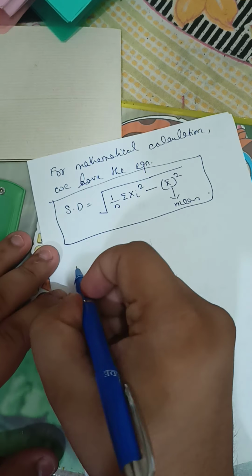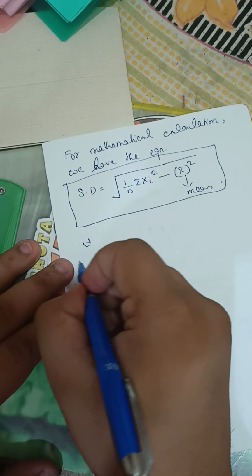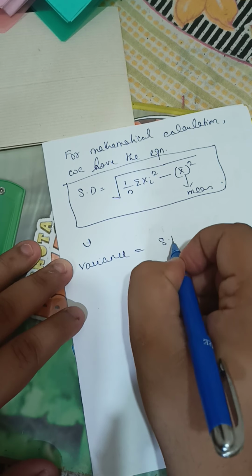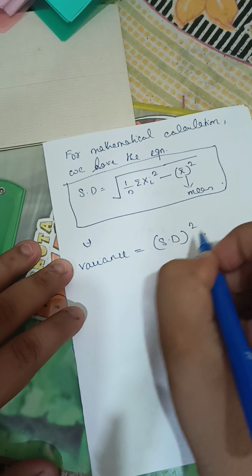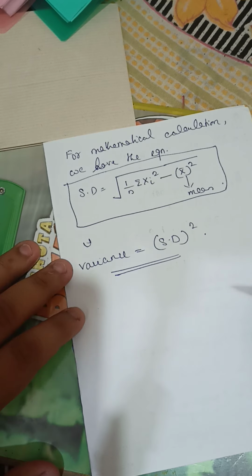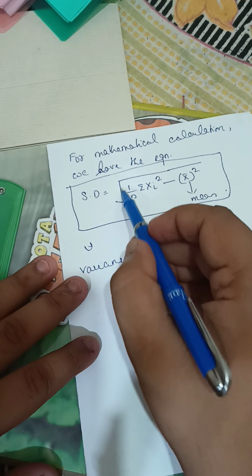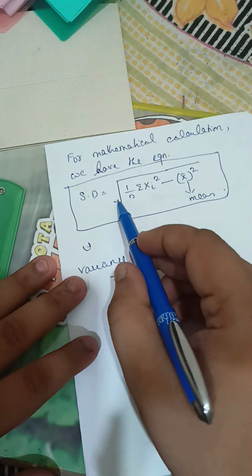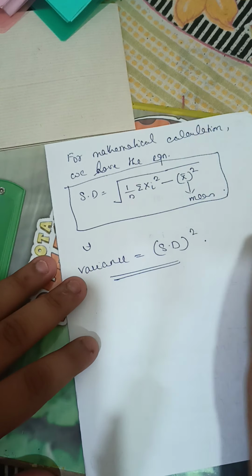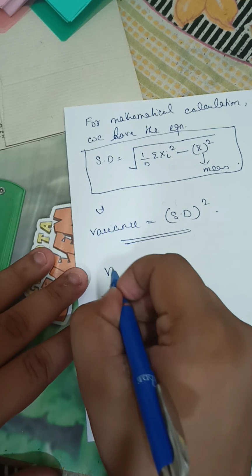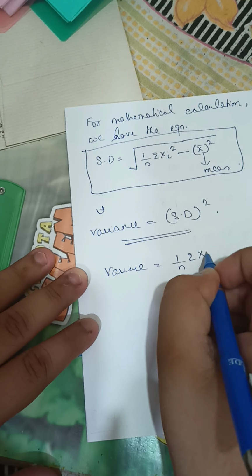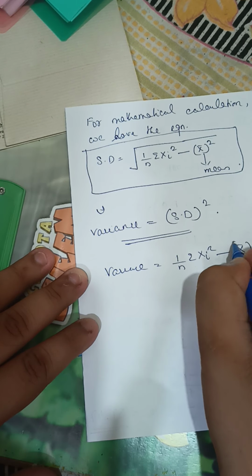Then we have another concept known as variance. Variance is nothing but the square of the standard deviation. So if we remove the square root part, then we will obtain variance. So variance is defined as 1 by n summation xi square minus x bar the whole square.